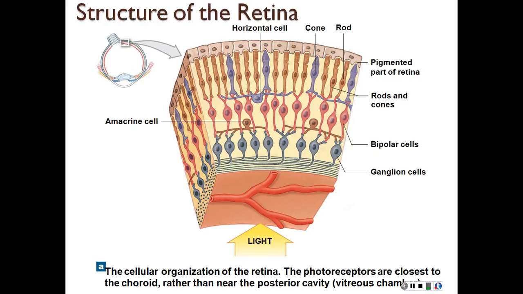The pigmented layer is the very posterior part of the retina, and it absorbs the light energy, and that activates the rods and the cones. Do you all see the rods and the cones? What's the difference? In the picture, the colors are what? What's the color of the rods?